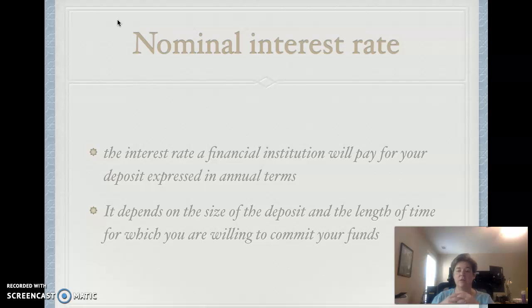So let's say that you have a 2% interest rate on a deposit of $1,000. That means at the end of the year, you're going to have $1,020, I think, if I'm doing my math right. 1,000 times 0.02. Yeah, $20, okay? So at the end of the year, you should have $20 in interest.